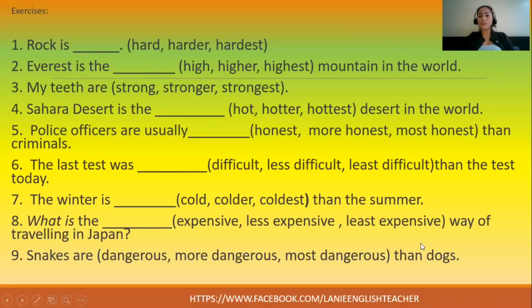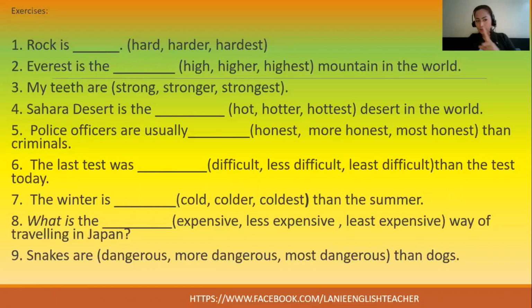Now, let's do some exercises. Let's do sentence number 1. Rock is blank. So among the choices here are hard, harder, and hardest. Now take note, how many things being described here?